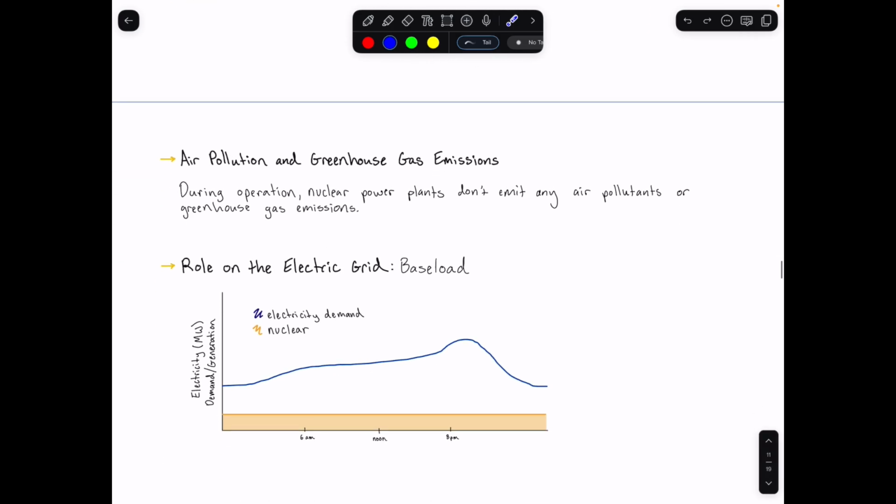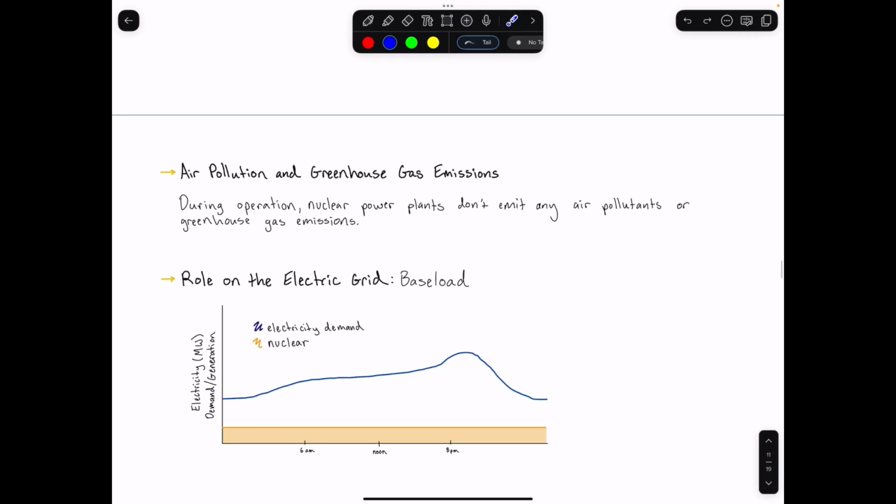Okay, and then the last subsection here, the role on the electric grid. Nuclear power plants are primarily operated as baseload generation resources, and this is because they are a bit slower to change how much electricity they're generating in comparison to some of the other resources. So they're typically operated outputting a constant amount of electricity throughout the day.